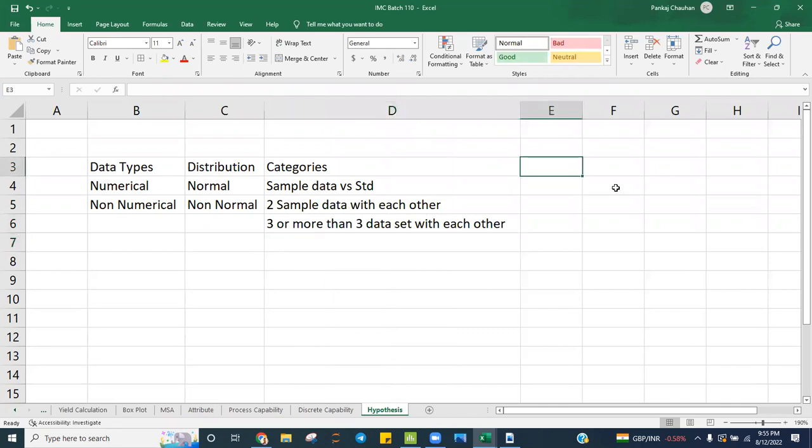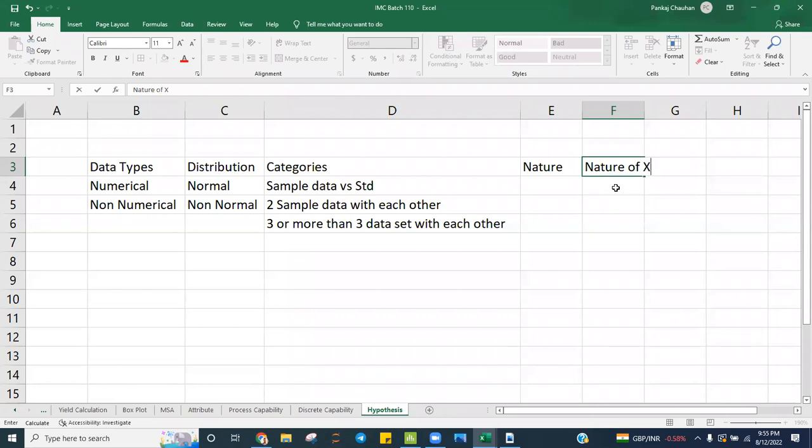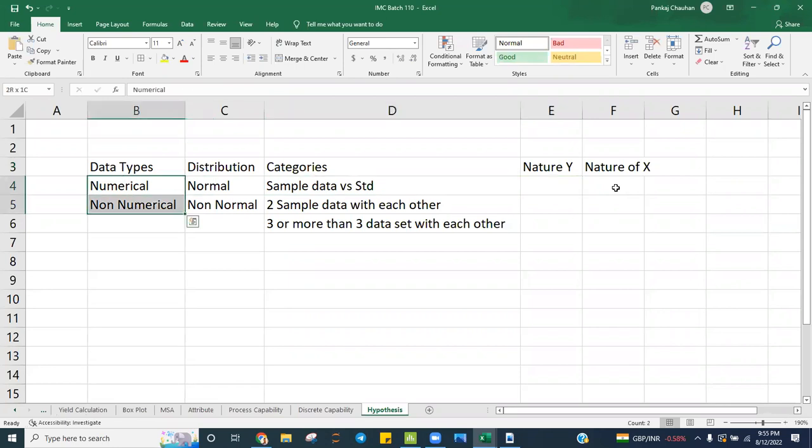It will depend on what your y variable is, the nature of y, and it will depend on the nature of x as well. So as I was saying, your data can be numerical or non-numerical. So your y may be numerical or non-numerical, and in a similar way your x may be numerical or non-numerical.